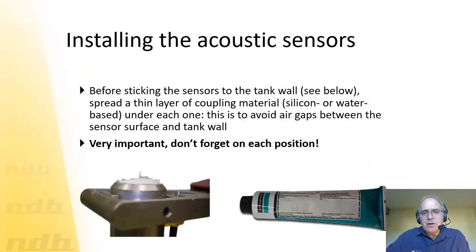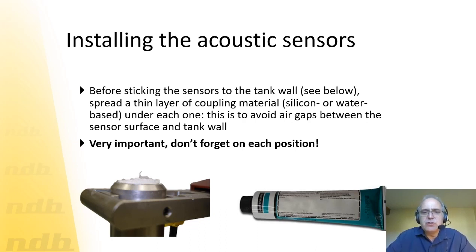So before placing the AE-150 on the transformer, it's very, very important to add the acoustic coupling on each sensor. And don't forget, after a position change, you must reapply the acoustic coupling.